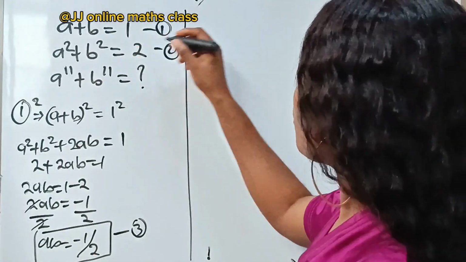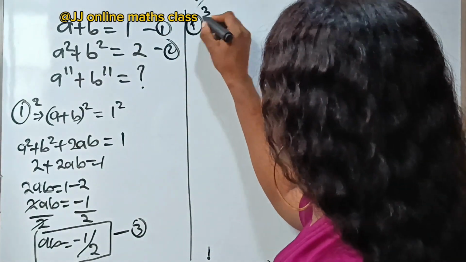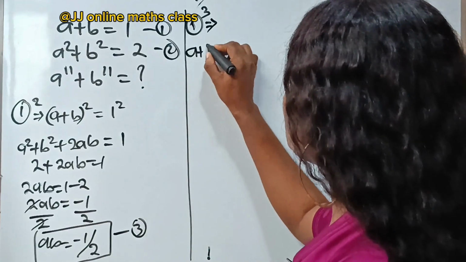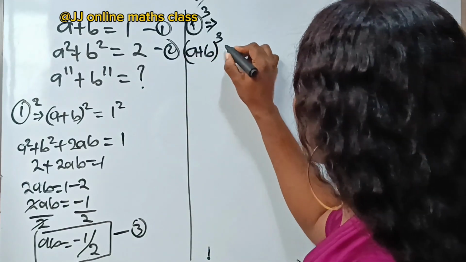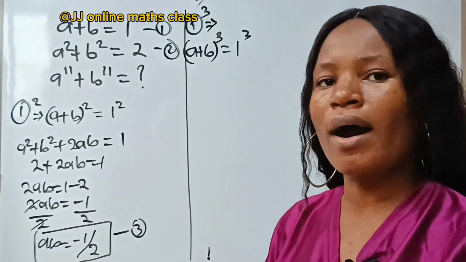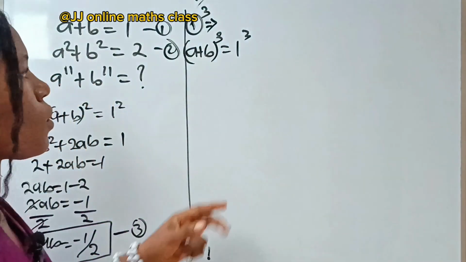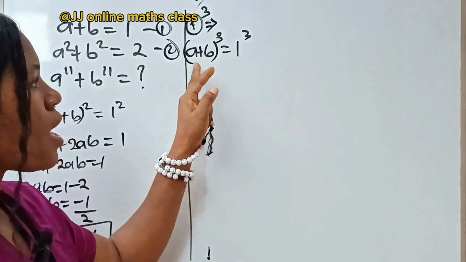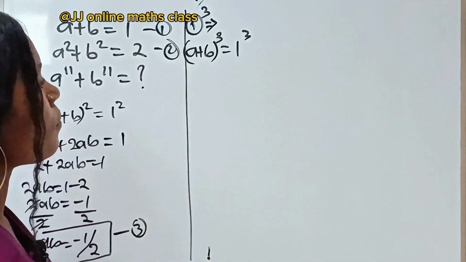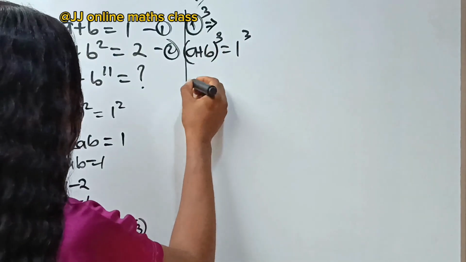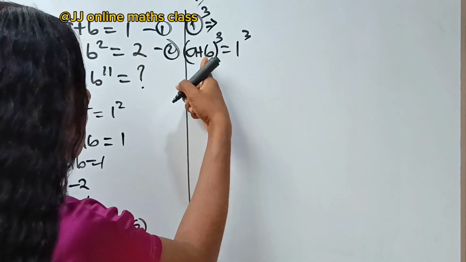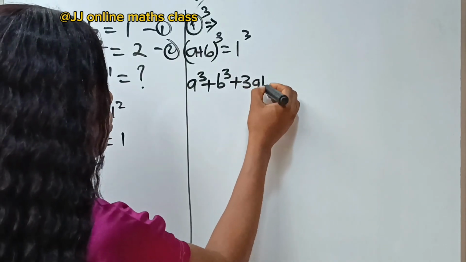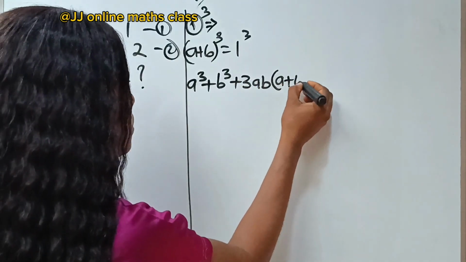Now equation 1 raised to the power of 3 can be written as a plus b to the power of 3 is equal to 1 to the power of 3. This is another identity in algebra that states that a plus b raised to the power of 3 is the same thing as a to the power of 3 plus b to the power of 3 plus 3ab times a plus b.